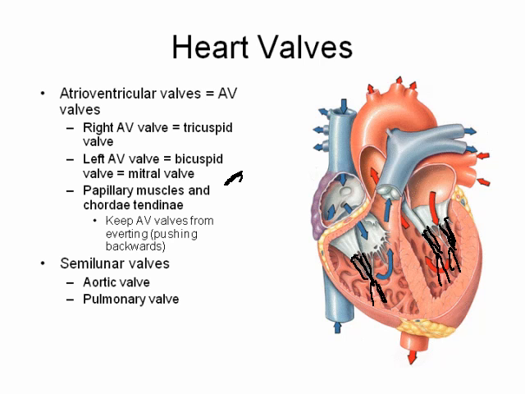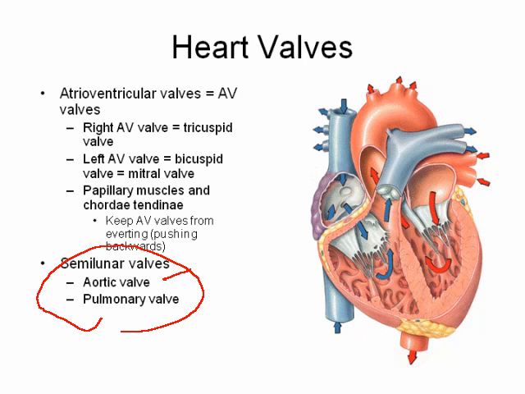So I referred to these without using their name in a previous slide. It is the combined function of the papillary muscles and the chordae tendineae that keep the AV valves from everting, that is, from pushing backward into the atrium when the ventricle contracts. And then the two semilunar valves, that is the aortic valve and the pulmonary valve.